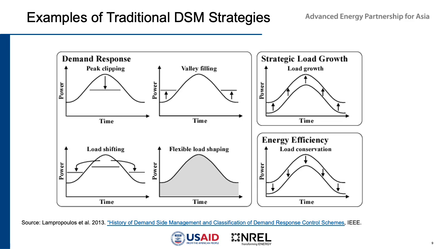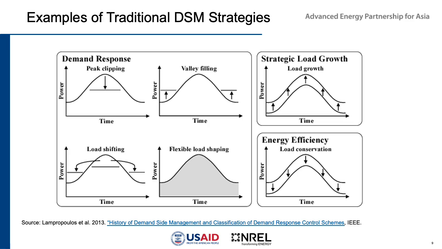And they can do so either through setting of prices or by directly controlling equipment or setting up a market so that aggregators can convince consumers to stop using so much electricity during those peak times. That's when electricity is the most expensive, when you need to have expensive peak generating units on and when transmission is highly congested. That's the strategy there under peak clipping.